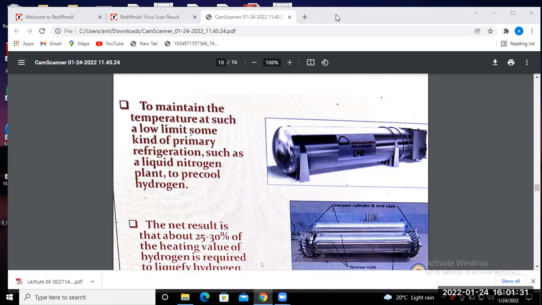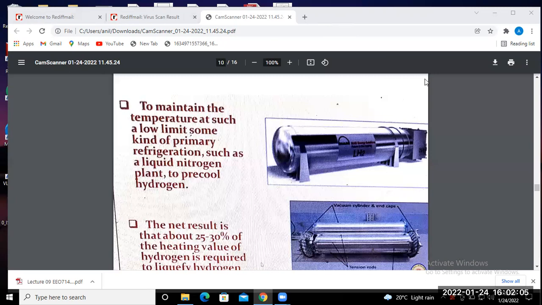To maintain the temperature at such a low limit, some kind of primary refrigerator, such as a liquid nitrogen plant, is used to process the hydrogen. Because hydrogen in the liquid form requires a very low temperature, almost minus 253 degrees Celsius. At that point, the hydrogen is contained in the form of liquid.